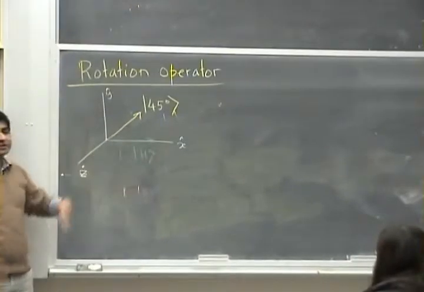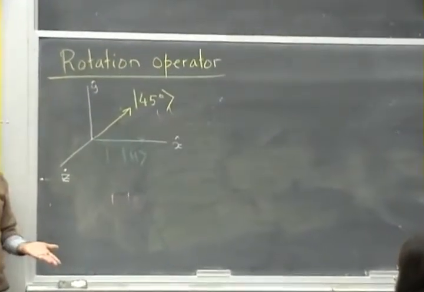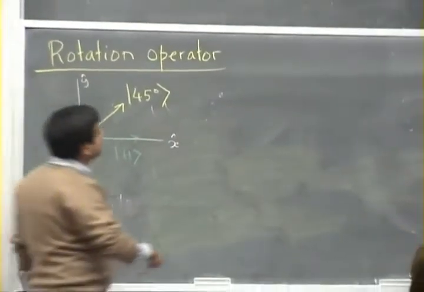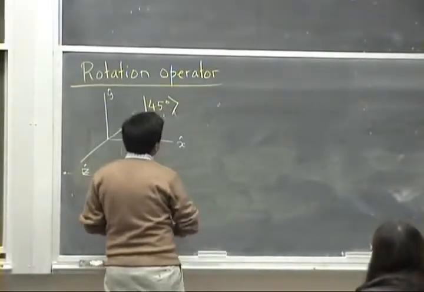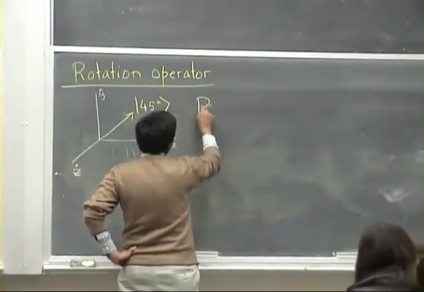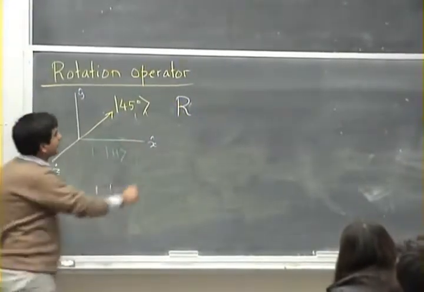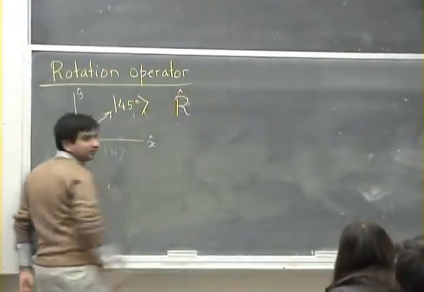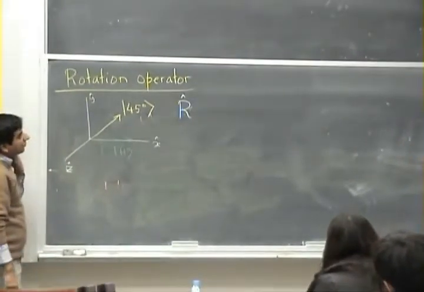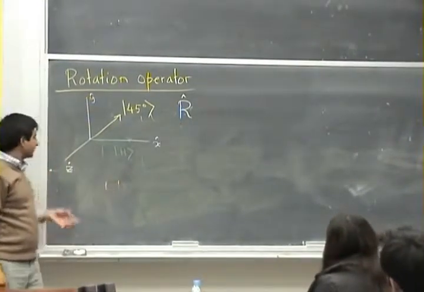So the rotation is achieved by an operator. Suppose I represent that rotation operator by R, with a hat on top of it. Different people use different notations.